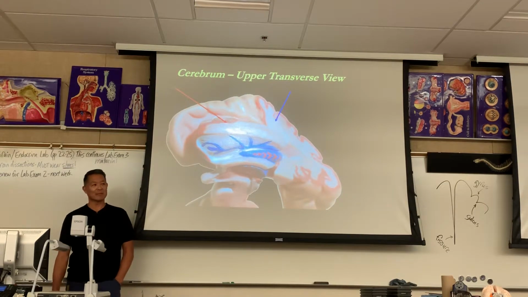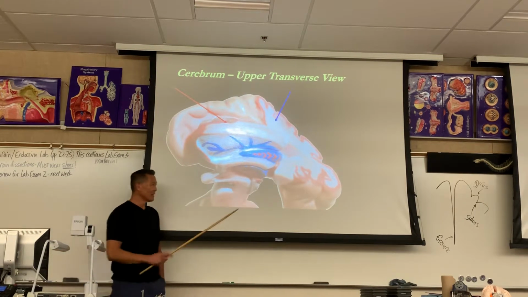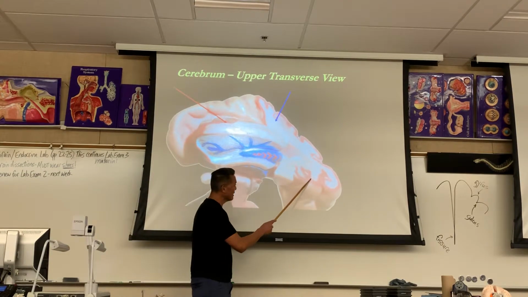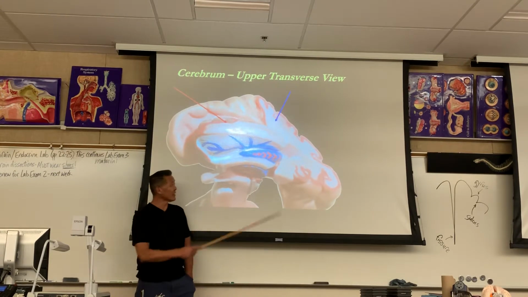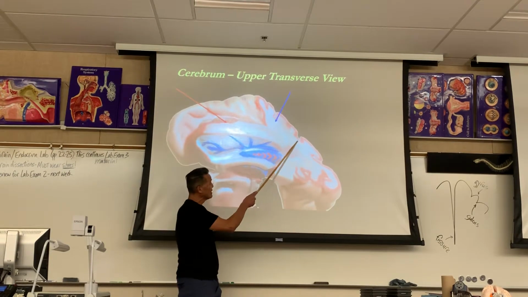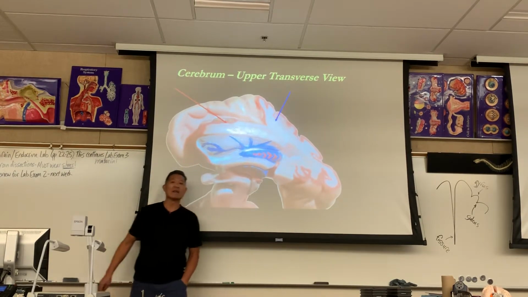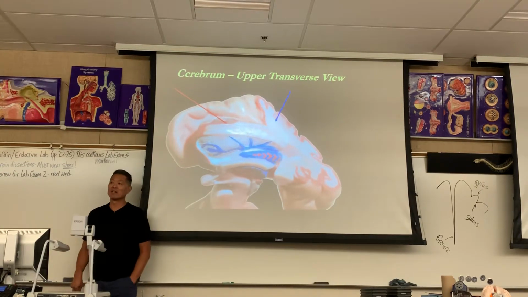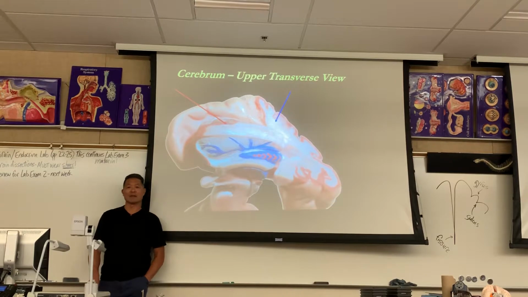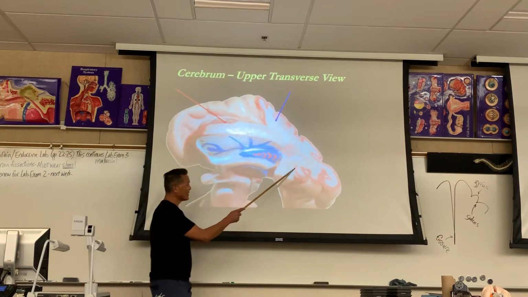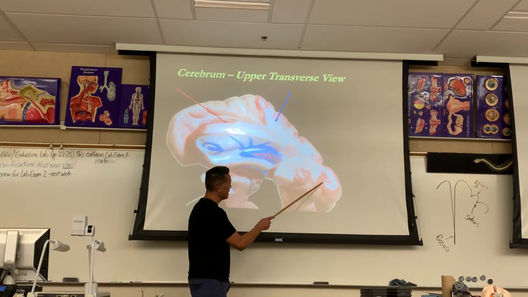Everybody got it? All right, this is supposed to be gray. And if it was gray, what is specifically causing this out here to be gray? Cell bodies. Let's be specific. Turn to page 25. What is causing this to be gray?